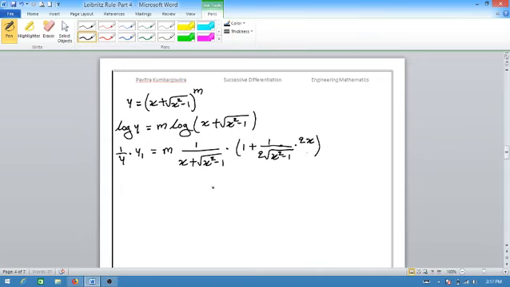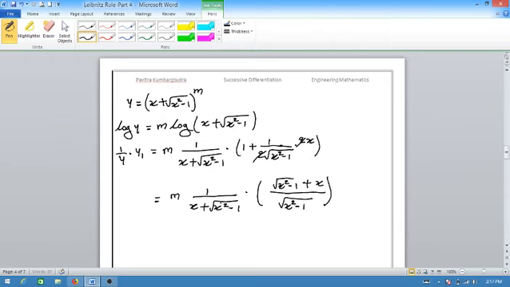Right. So now that is equal to, take the LCM. Here 2 gets cancelled. So that is 1 divided by x plus root of x square minus 1, into root of x square minus 1 plus x, divided by root of x square minus 1. So x plus root of x square minus 1 and x plus root of x square minus 1 get cancelled.